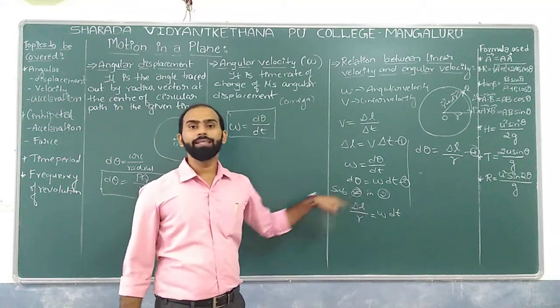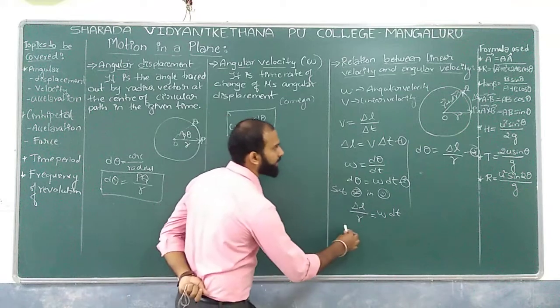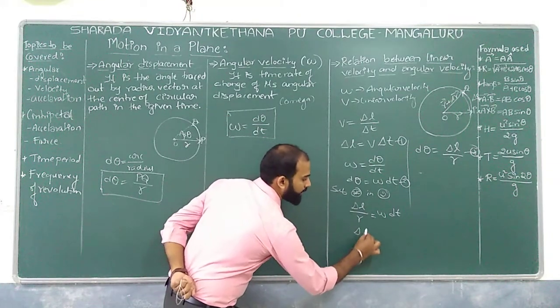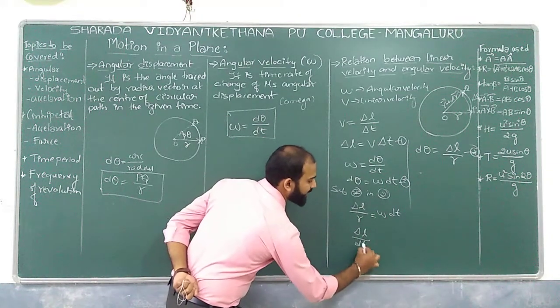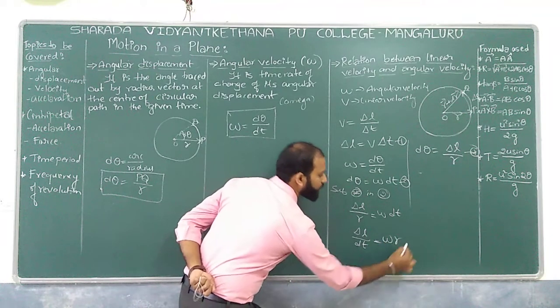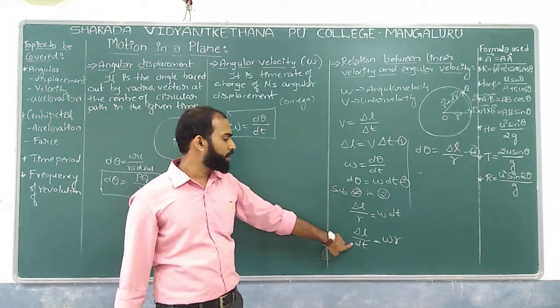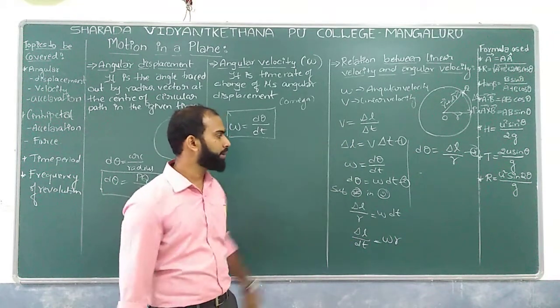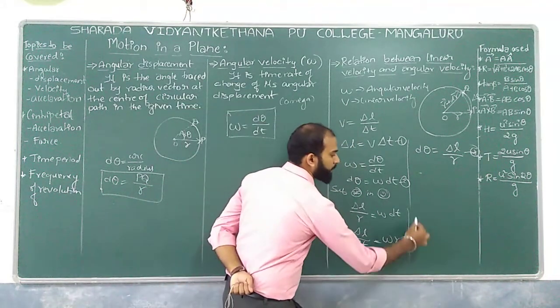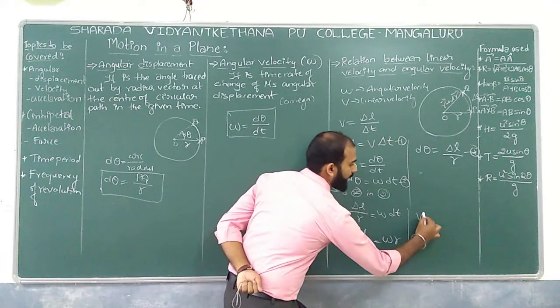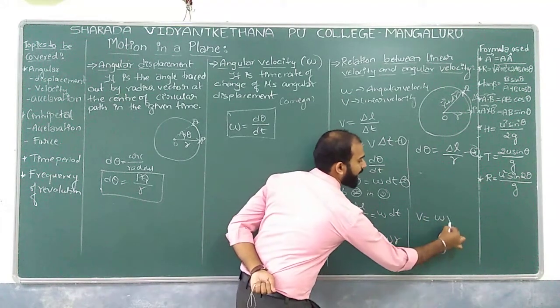Now you rearrange this. If I rearrange, what can I have? Delta L by dt is equal to omega into R over here. But we know delta L by delta T is equal to V over here. So altogether we can have V equal to omega into R.